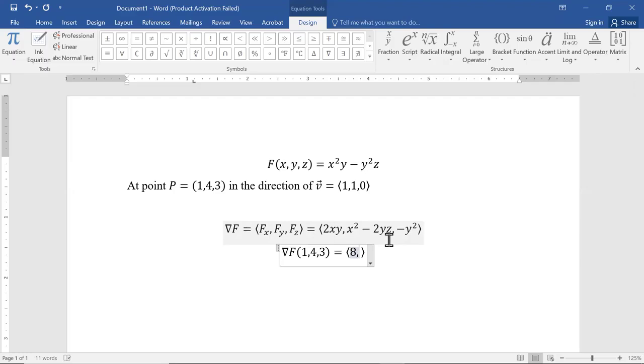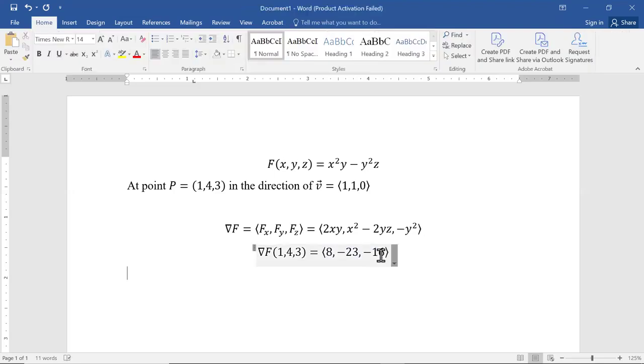That gives me a negative 23. And then last, when I plug in 1, 4, 3 into the third component, I get negative 4 squared. That's negative 16. So that is the gradient at 1, 4, 3.